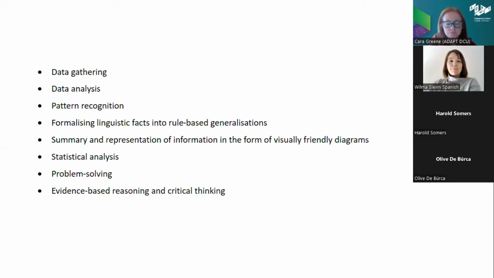And then, of course, you always have contradictory items that don't follow the pattern, and they need to be accommodated within your generalizations. That would enhance students' problem-solving skills.